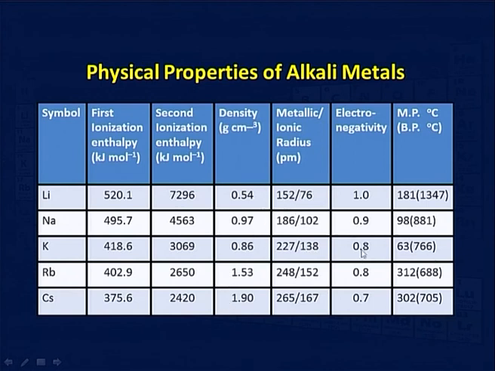There are certain variations here, because you can see 0.54, it is keeping on increasing, 0.54, 0.97, but there is a discrepancy here. This is probably because the structure and size of the atom sometimes change due to some forces which are present in it, due to addition of additional electron in potassium.